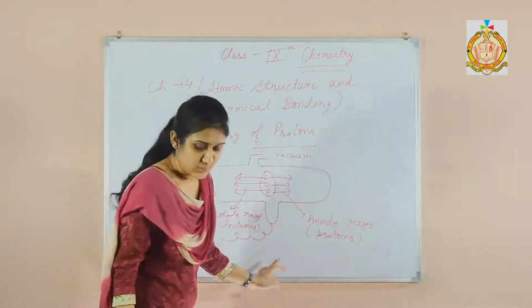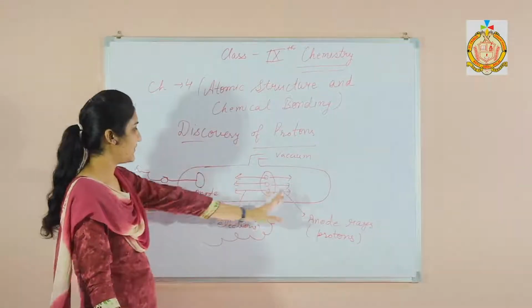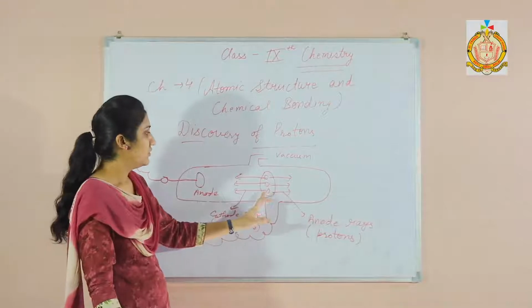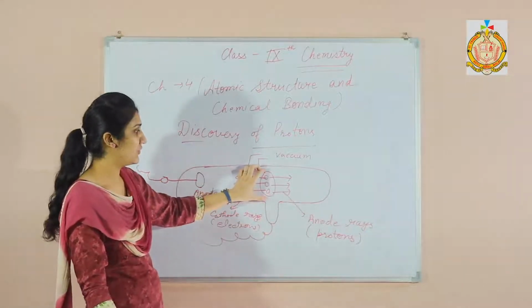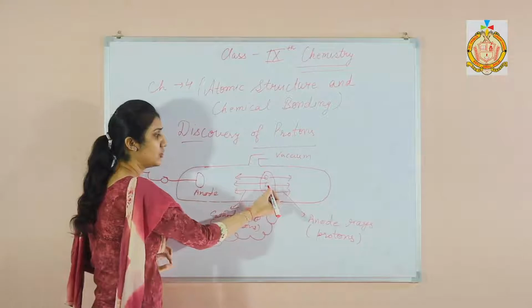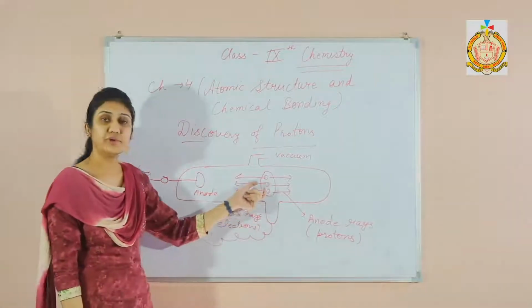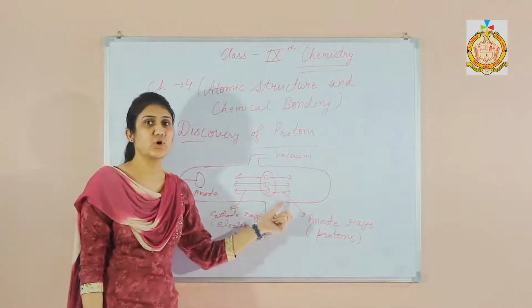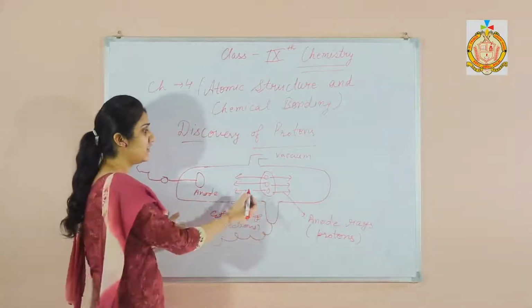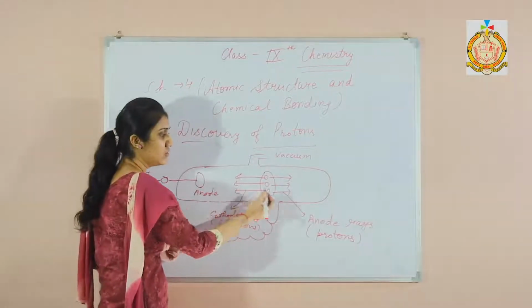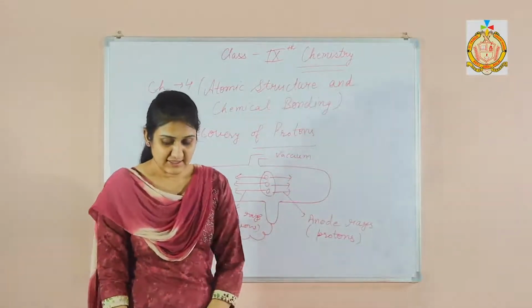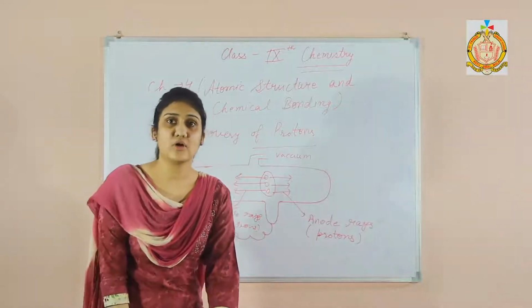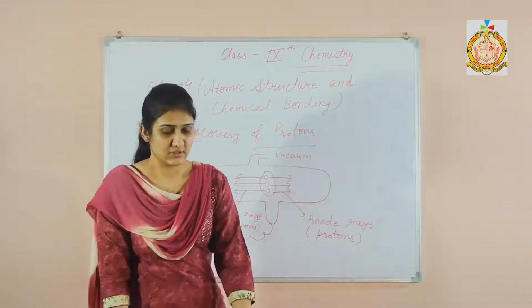So in this way he observed these rays also passing through this terminal by changing the cathode electrode with the perforated cathode electrode. Perforated means it contains holes or canals, so the rays can go from this side and also from this side. So now you can easily learn about the properties of anode rays.